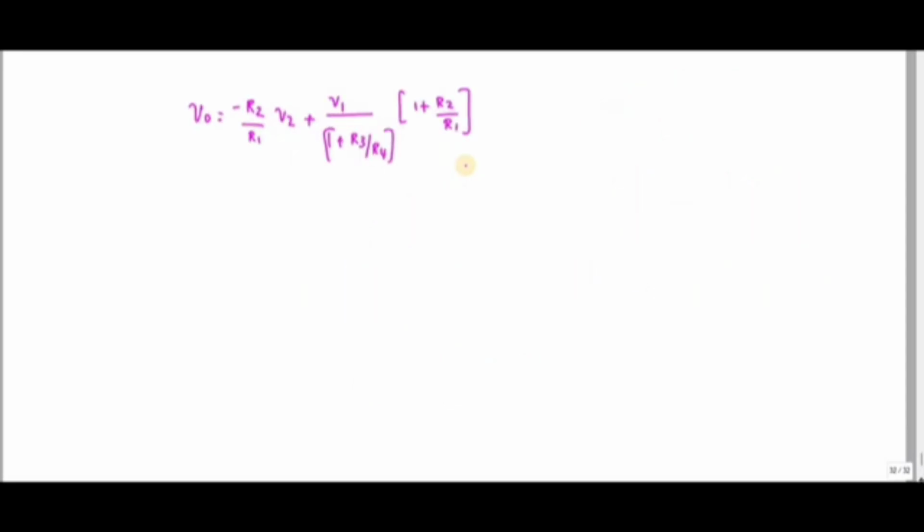If R3 by R4 is equal to R2 by R1, these two get cancelled out.